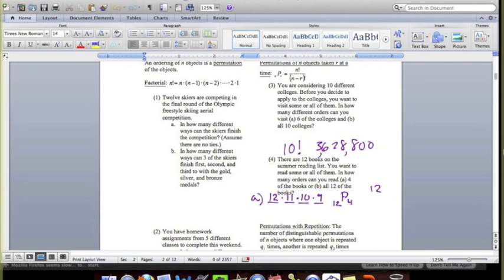Or we could say 12 factorial would be what if we're reading all the books, divided by how many are we not reading if we're reading 4 of them? 8 of them. Okay? Any of those 3 things would be fine to type into the calculator. You should get the same answer for any of them, which is 11,880.